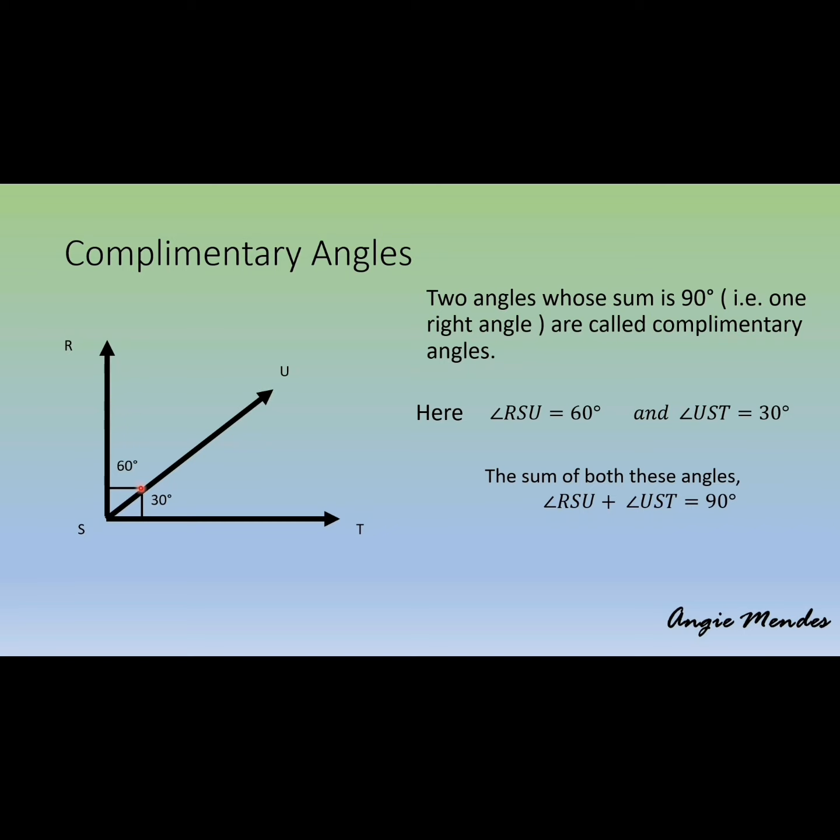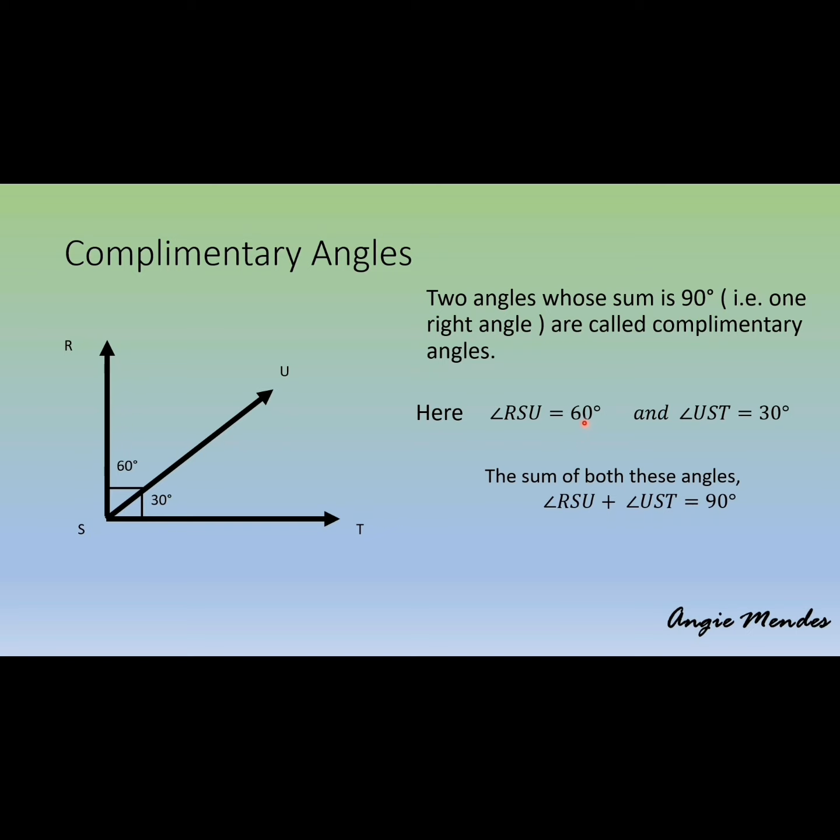Now, as per the figure given here, angle RSU is 60 degrees and angle UST is 30 degrees. So what did we say just now? We said if the sum of the two angles adds up to 90 degrees, then these will be complementary angles. That means if 60 plus 30 adds up to 90 degrees, then both these angles are complements of each other.